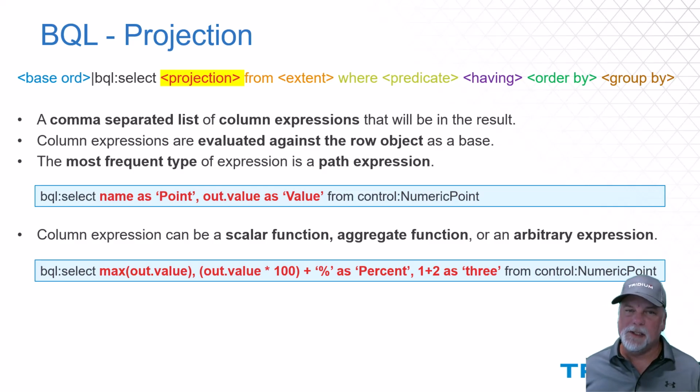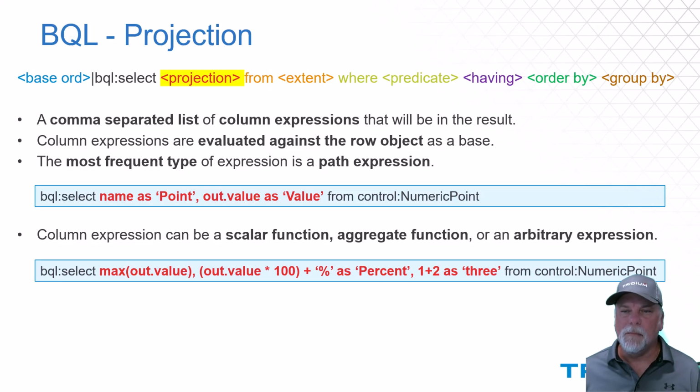And column expressions are evaluated against the object that's returned for each row. So the extent of the query, if it's against the station space, is saying this is a numeric point or a control point that we're looking for. So all our expressions will be resolved against that object that is that row component. If it's a history, it'll be whatever type of history record it is. If it's the alarm database, it will be a B alarm record.